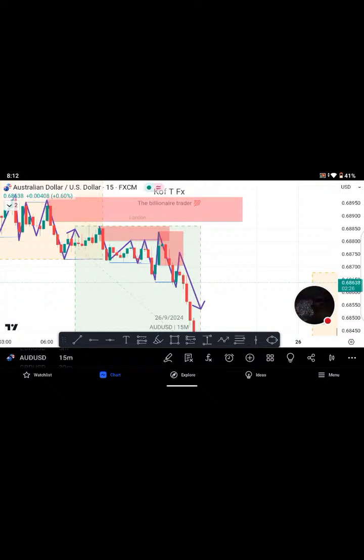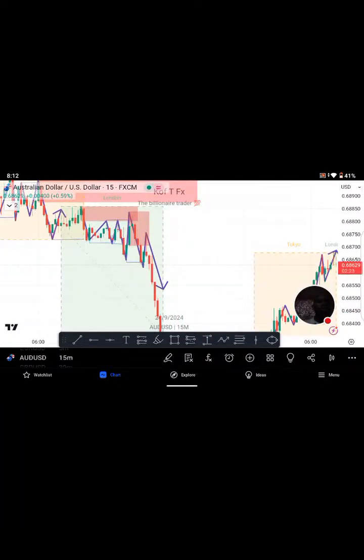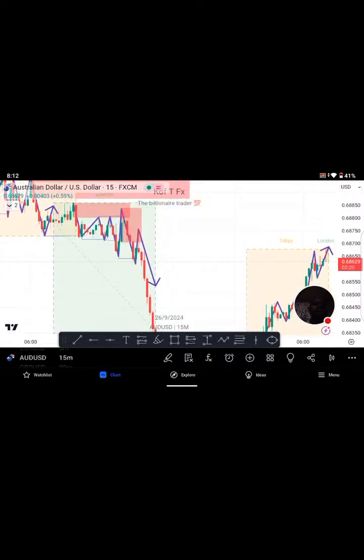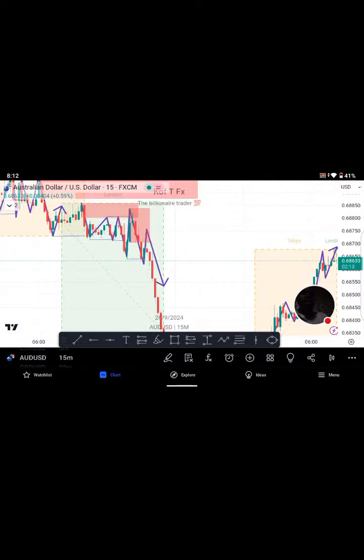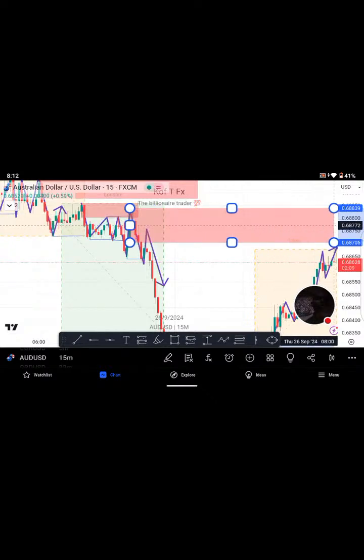So I don't expect price to come back here to take another sell from here. No, I'm not going to take that because price has already played out.